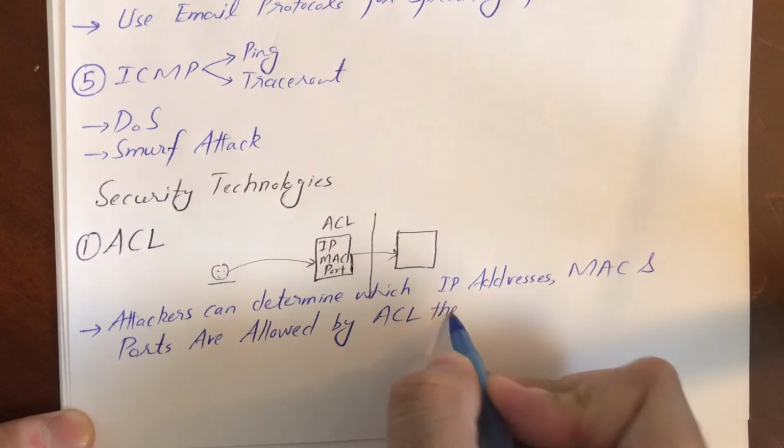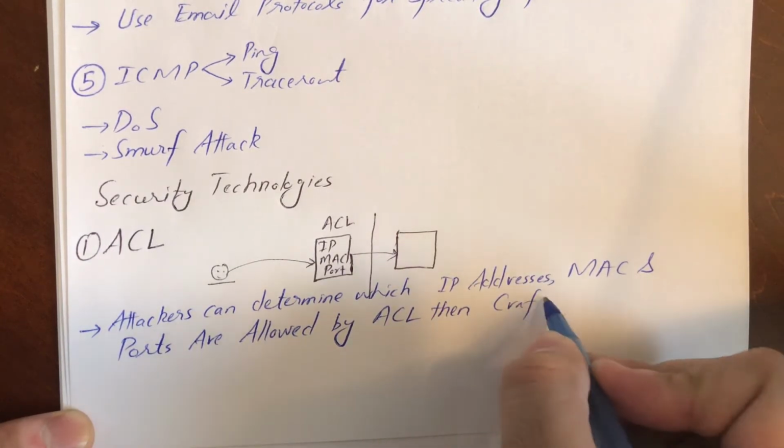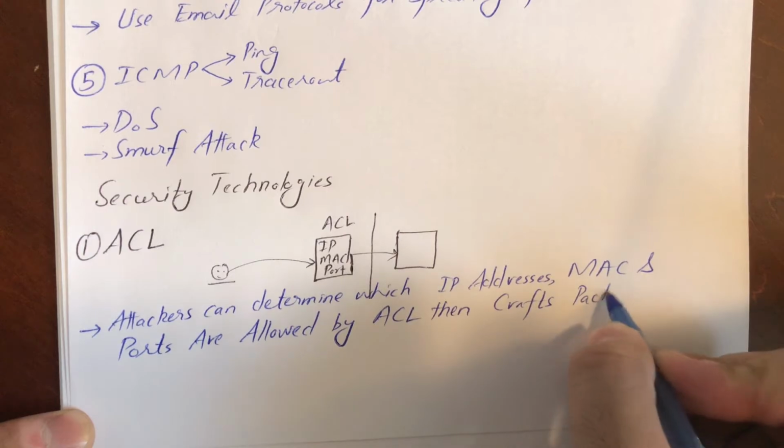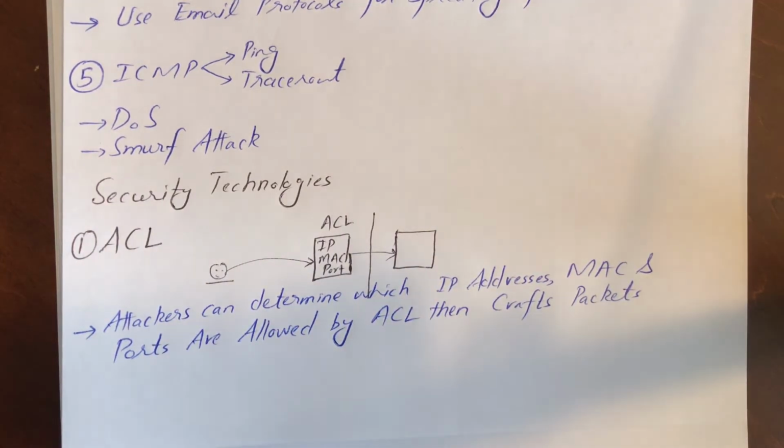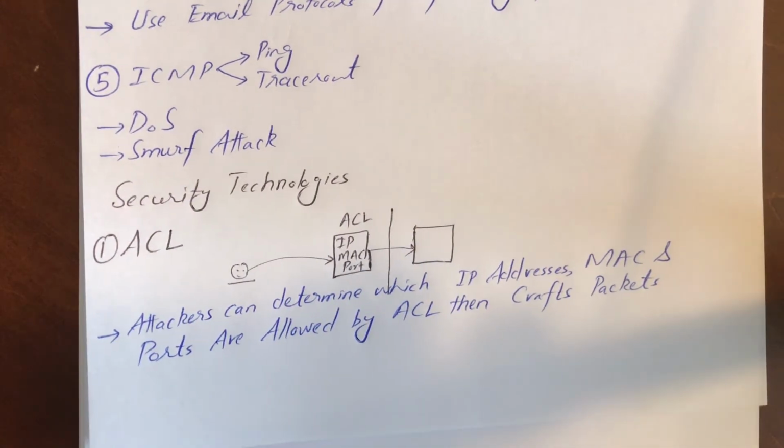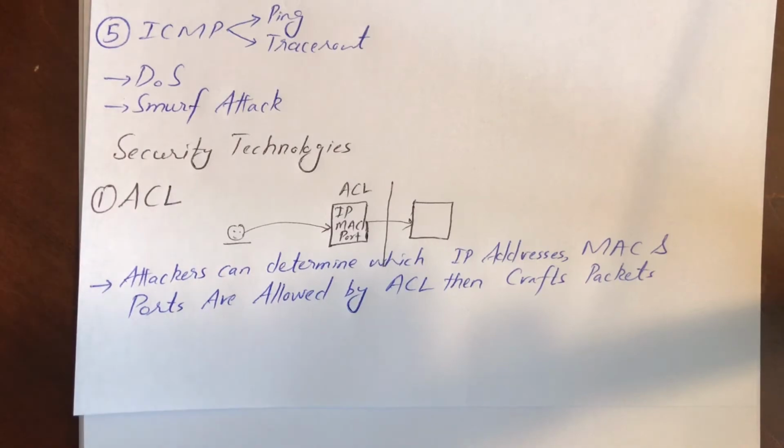And then the attacker can craft packets based on that information. And then of course, the access control list has to allow it, for example, if the attacker starts sending the data from those particular IP addresses.